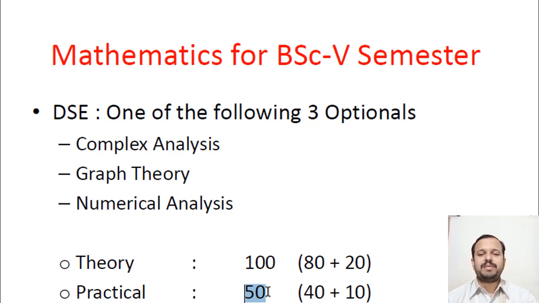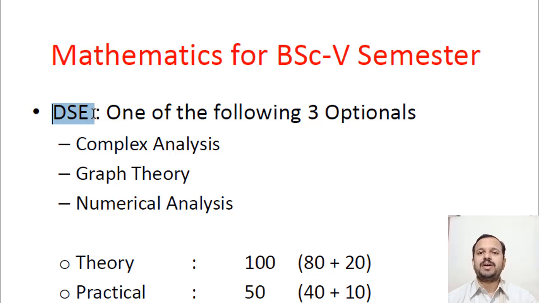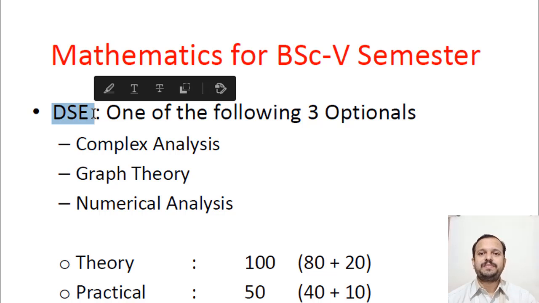Again, 40 marks will be the semester end examination conducted externally, and 10 marks will be the internal assessment. So this is how your DSE is going to be one of the core papers in your 5th semester.